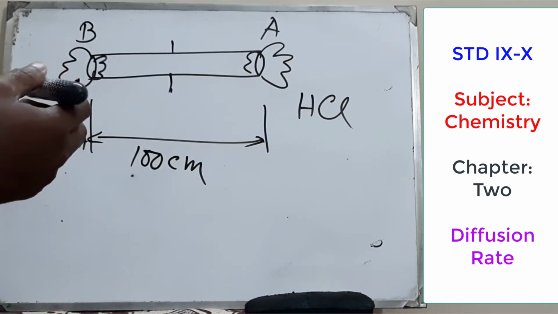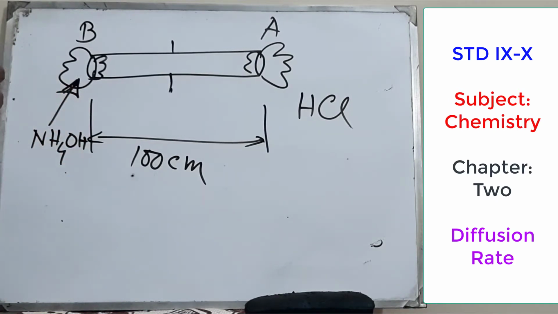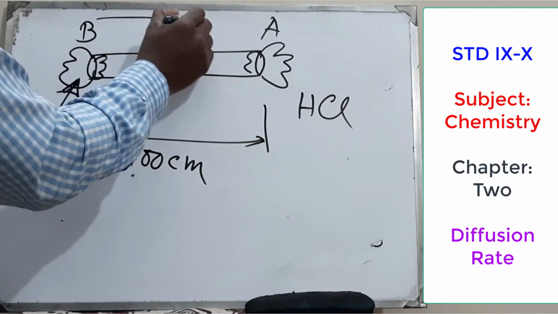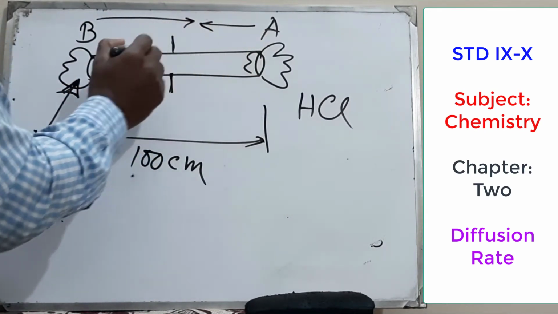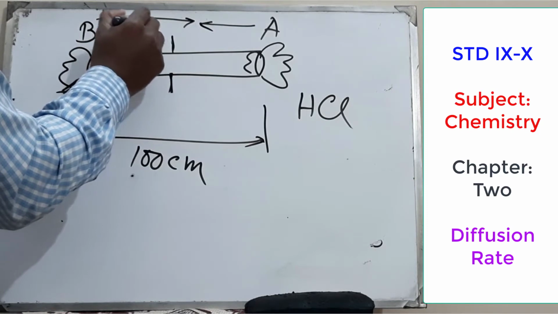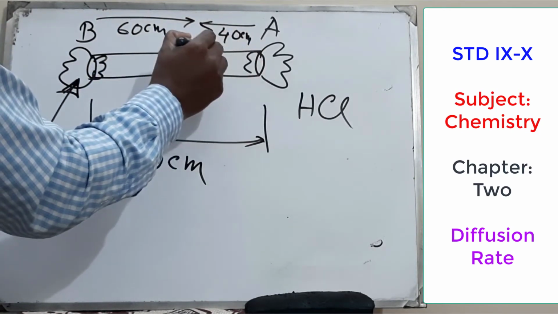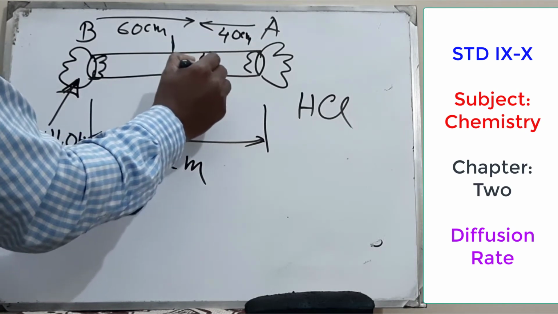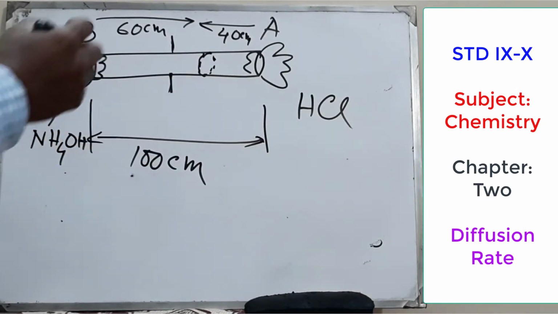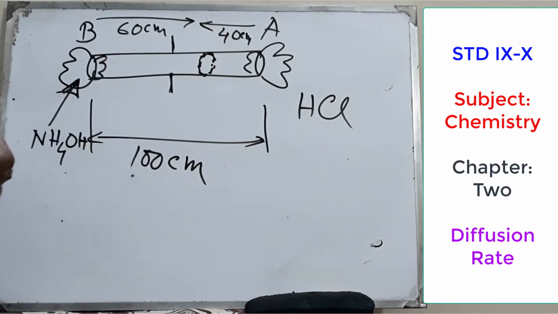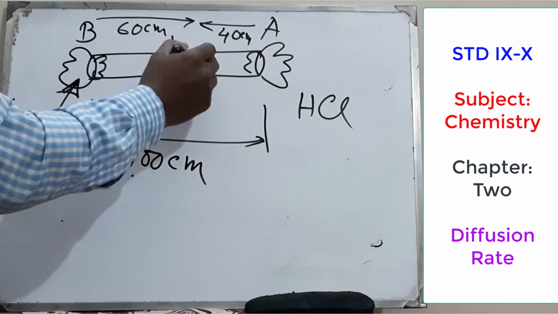Since the length of the tube is 100 centimeter, this is the midpoint. Suppose this is 60 centimeter and this is 40 centimeter. The reaction will occur at this place. That means a compound will be formed. A white smoke will be formed at this place.